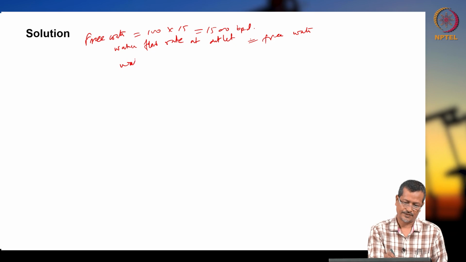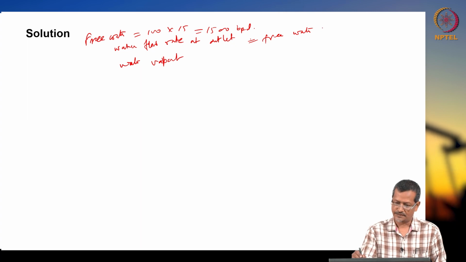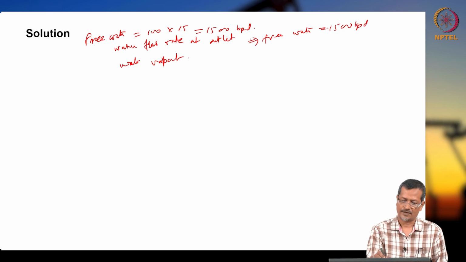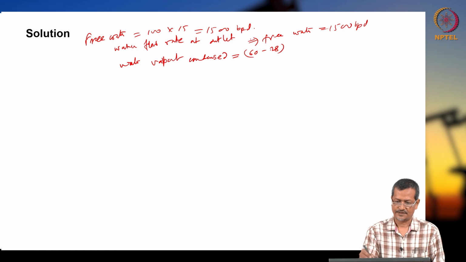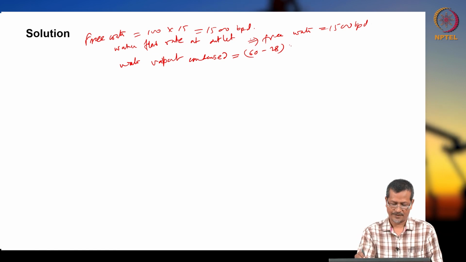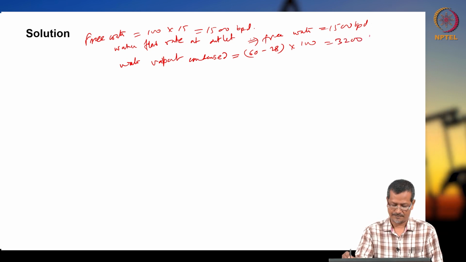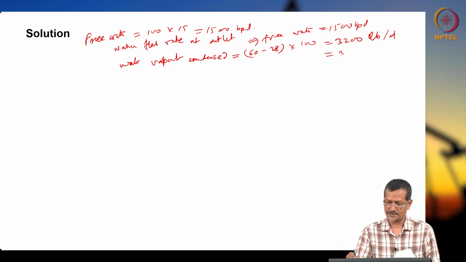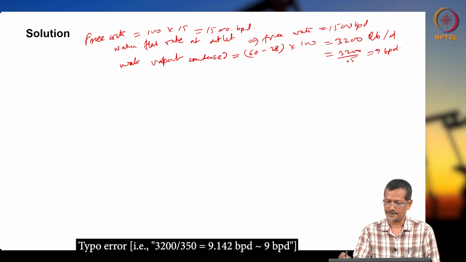Okay. So, water vapor: 1500 BPD and water vapor condensed, because of the temperature change, 60 minus 28, 60 inlet, 28 outlet, of water into 100 mmSCF. Okay. So, it will be 3200 pound per day, and you convert into BPD, it will be 3200 divided by 350, it will be 9 BPD.